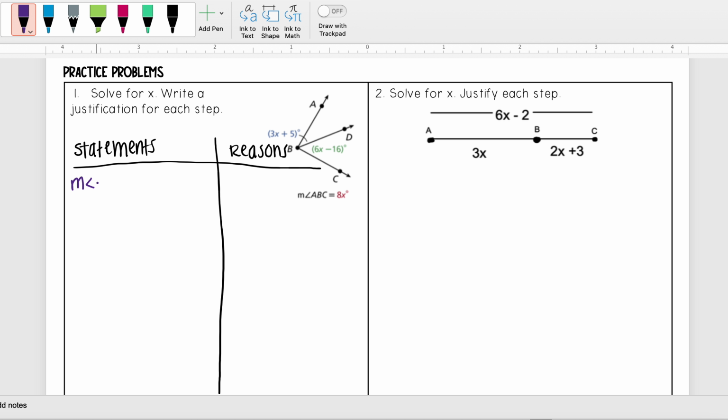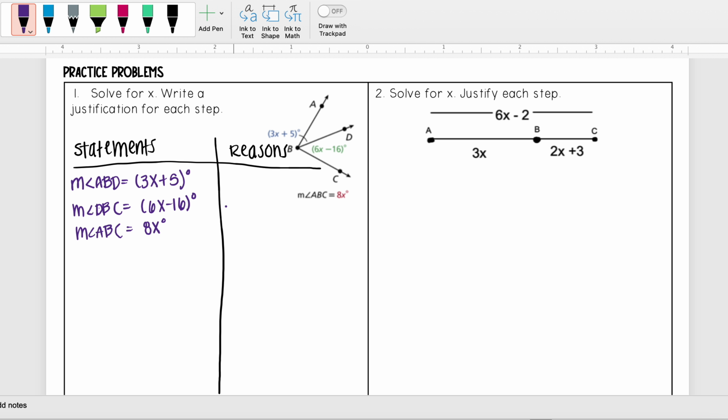I'm also given that the measure of angle DBC is 6x minus 16 degrees. And I'm also given that the measure of angle ABC is equal to 8x degrees.